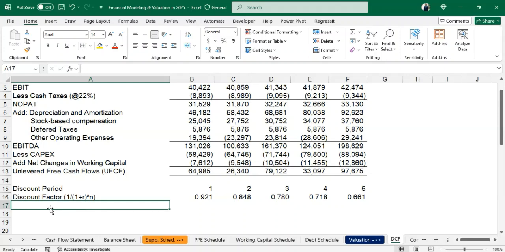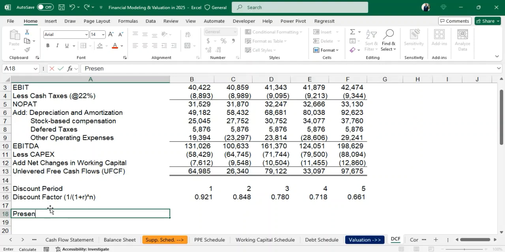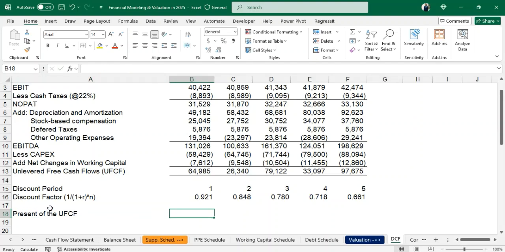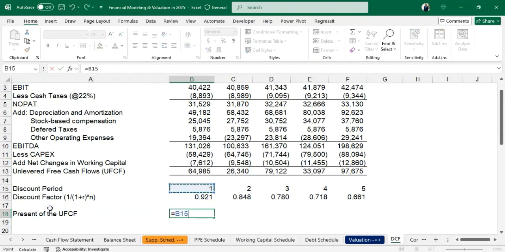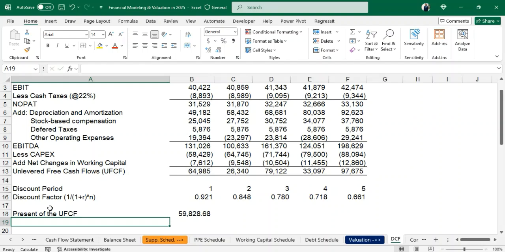So with the discount factor now determined, we can calculate the present value of the unlevered free cash flows. All right, and that is equal to our future cash flows multiplied by the discount factor.